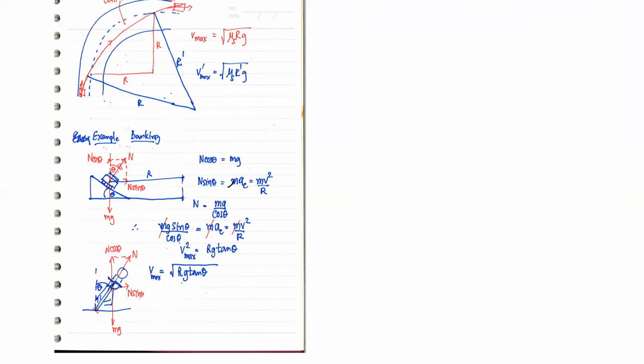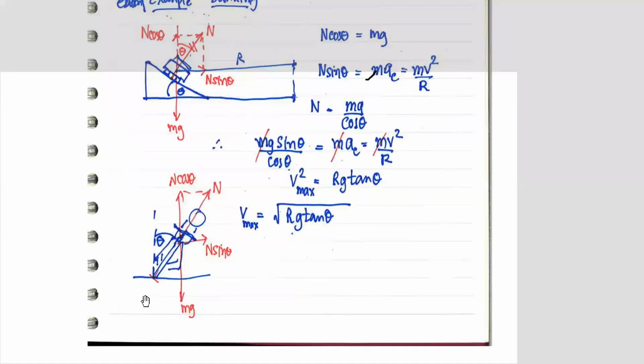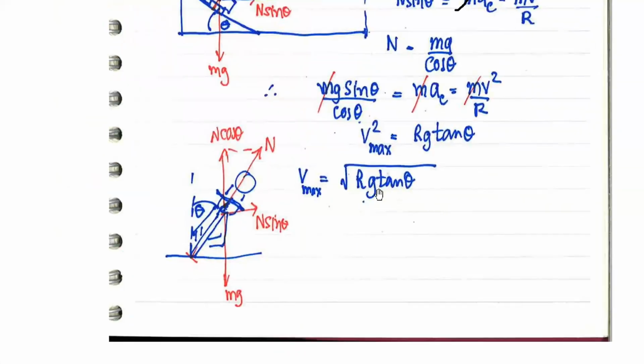Okay, and that banking says that the maximum velocity depends on the angle theta. So V max is square root of R G tan theta.